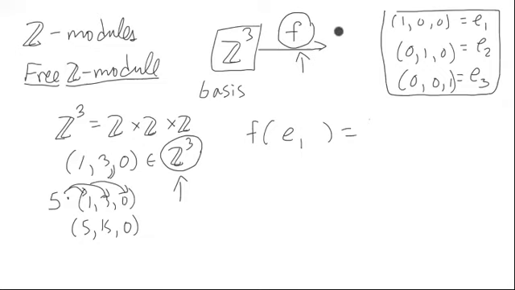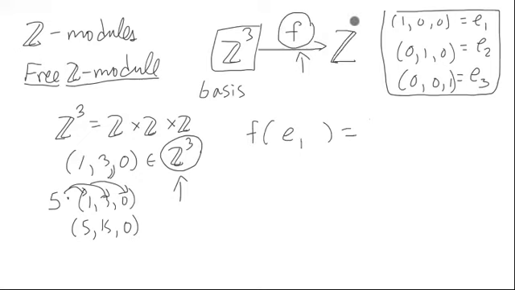Let's suppose we make it another Z module that has a basis in the same way. Now, we're not showing necessarily that it is free, but we'll take for granted at the moment that it has that property, that no matter where these are sent, that's going to uniquely define what this function is going to do.